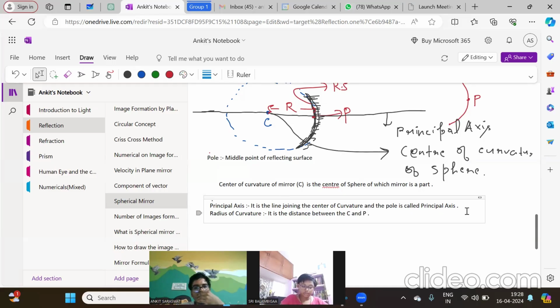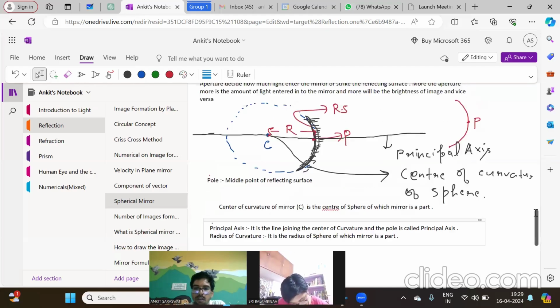Yes, sir. Any doubt? No doubt, sir. Sorry, it is the radius of a sphere, simply, of which the mirror is a part. Clear? Correct it.